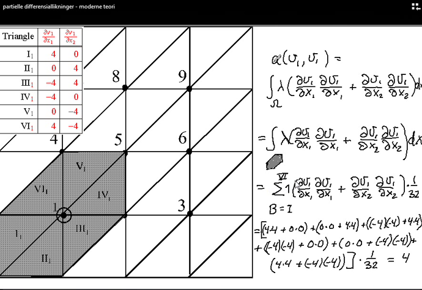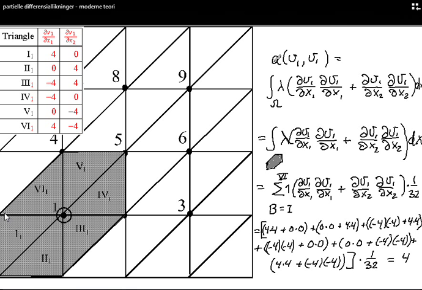This is what we try to symbolize here, and this is rather easy to do because the partial derivative is constant in each of these triangles, so we only have to multiply these partial derivatives, the product of them plus the product of these, with the area of the triangles. And all these triangles have area equal to 1 over 32.